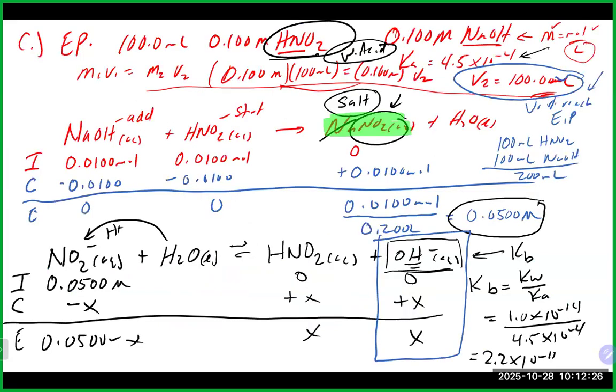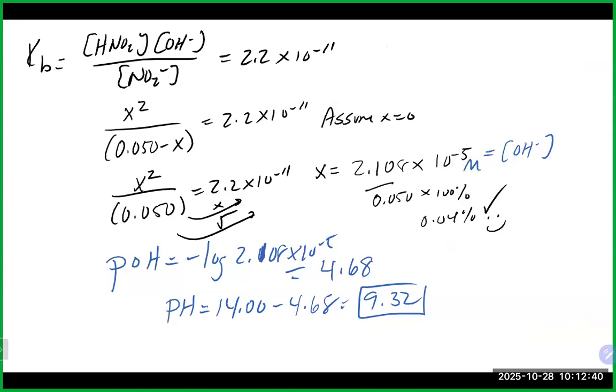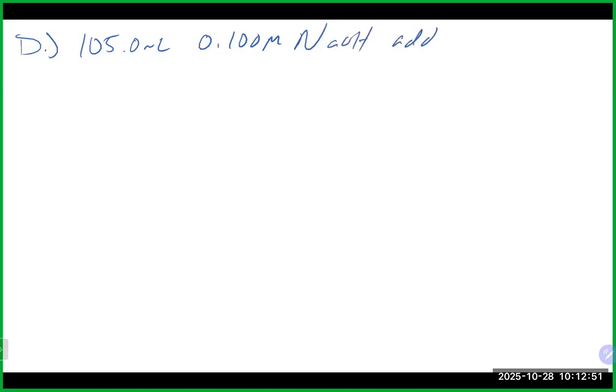All right, so now we are obviously up to here. So now we're going to roll past the equivalence point, and we're going to figure out the pH for part D when we add 105 milliliters of our base. So let's take a look at that one. D is 105 milliliters of our 0.1 molar sodium hydroxide added to our 100 milliliters of our 0.1 molar nitrous acid.